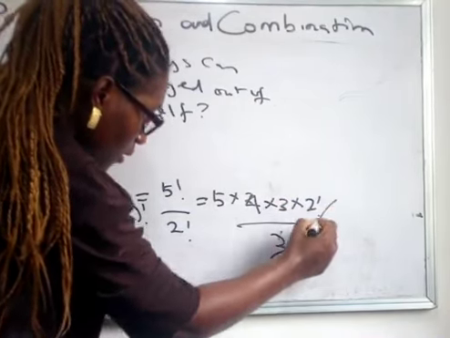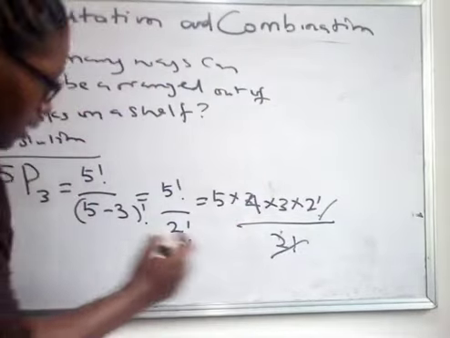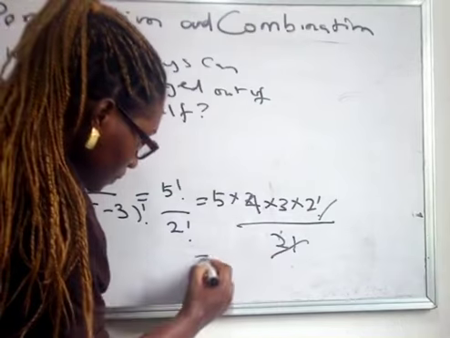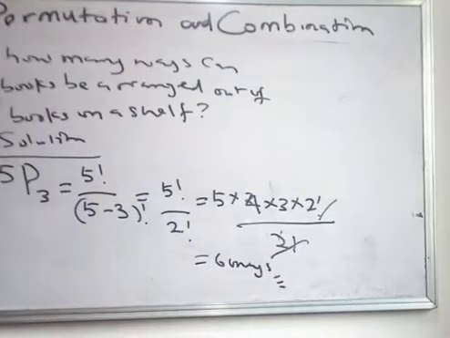This takes this off, so that's 5 times 4, which is 20, times 3, which is 60. So if you're going to arrange 3 books out of 5 books on a shelf where the order of arrangement matters, it is a permutation question, and the answer is 60 ways.